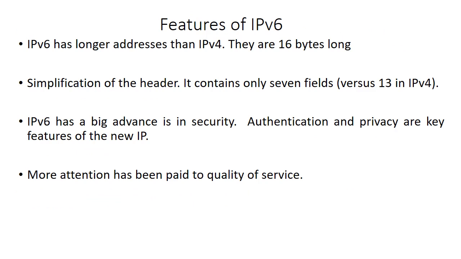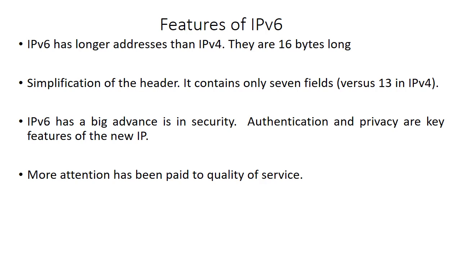Now we can look at the main features of IPv6 compared with IPv4. IPv6 has a longer address than IPv4: a 16 byte long address. Another feature is the simplification of the header. It contains only 7 fields, whereas IPv4 contains about 30 fields, and some fields are optional.